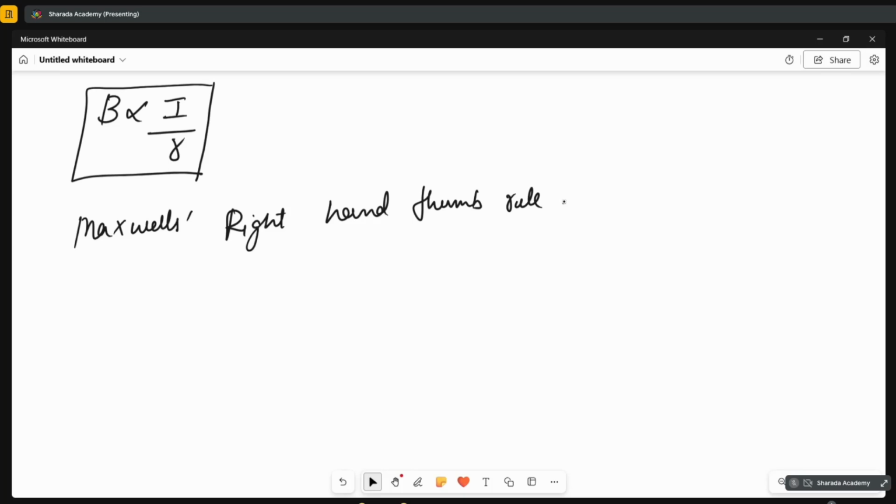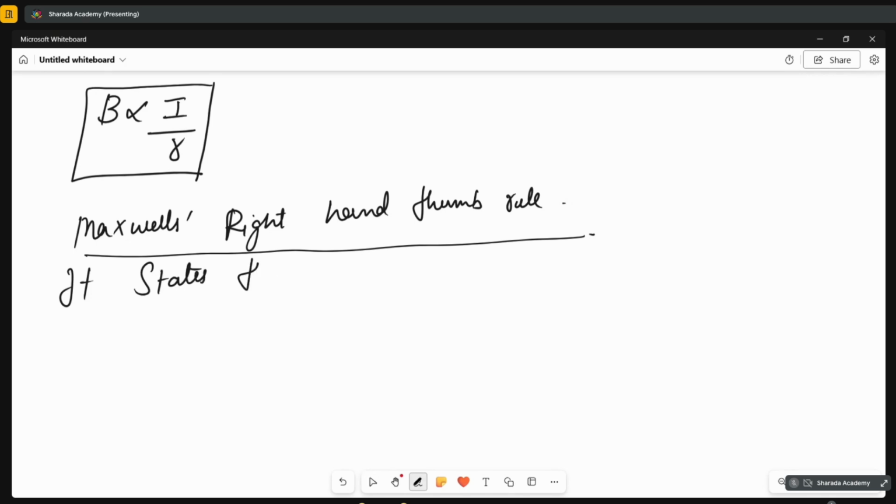Maxwell's right hand thumb rule. Write this down first.